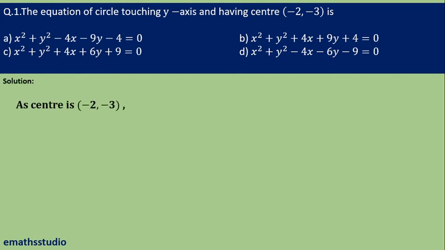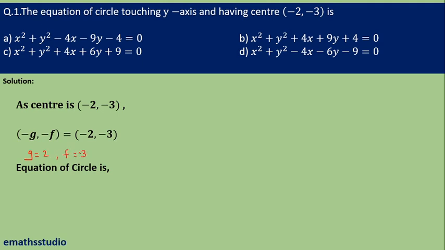As the center given is -2 comma -3, and in the theory of the general circle we have written the center is -g comma -f, I can write the g value is 2 and the f value is 3.